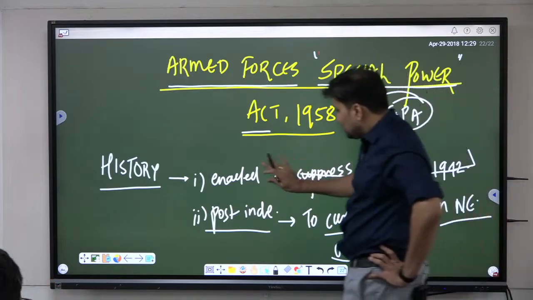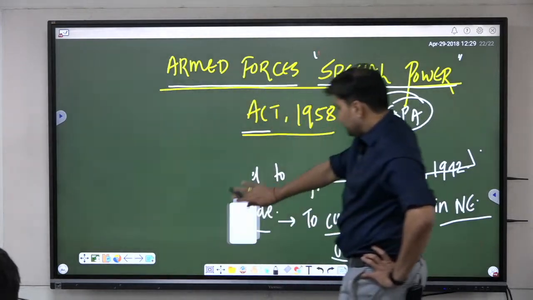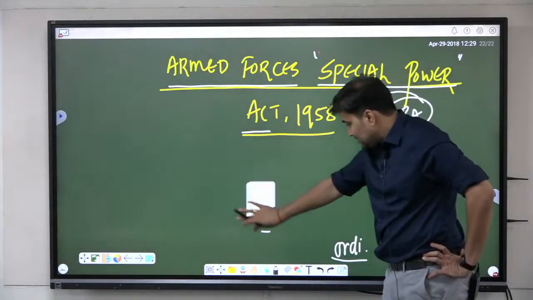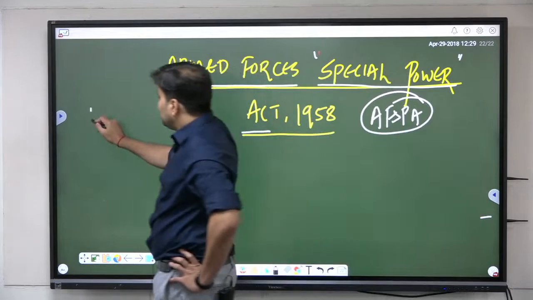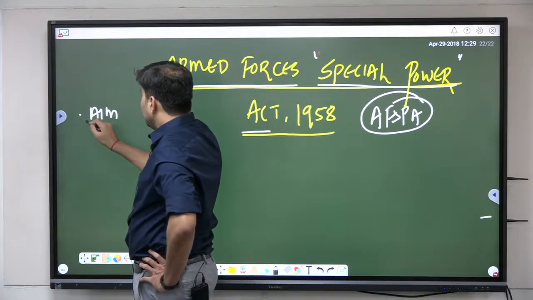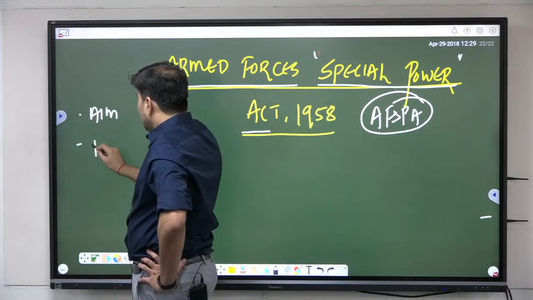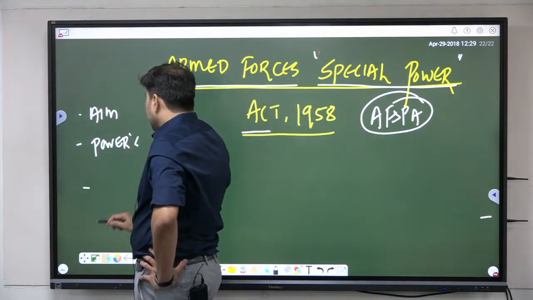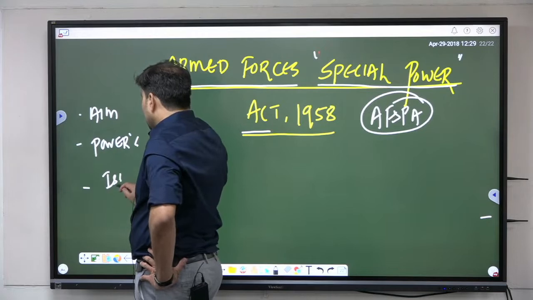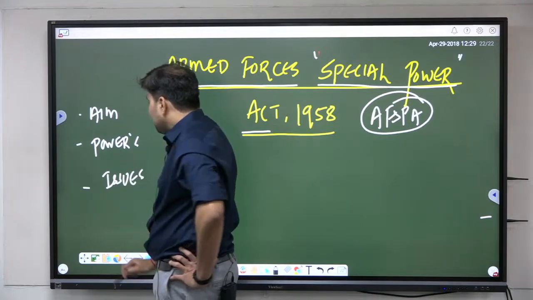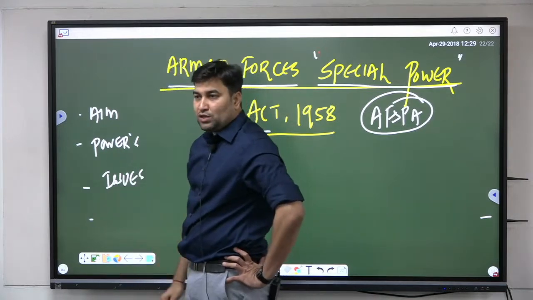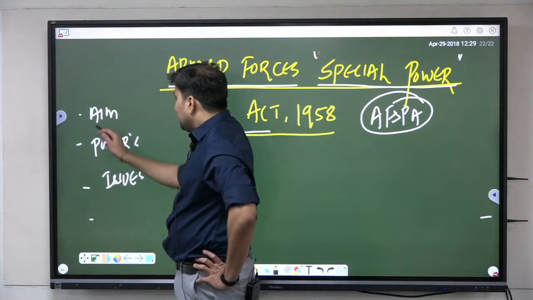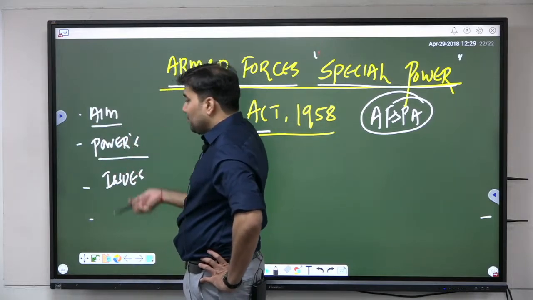Now the question is, what is the aim and objective of this act? You can write aim. Second, powers given. Third, issues associated with AFSPA. And fourth, you can write aim and objective, powers given to the armed forces.